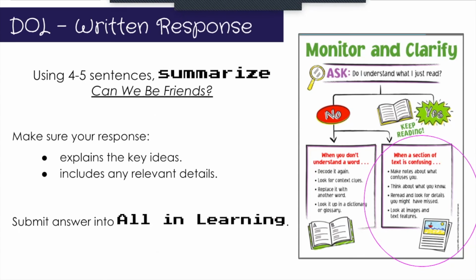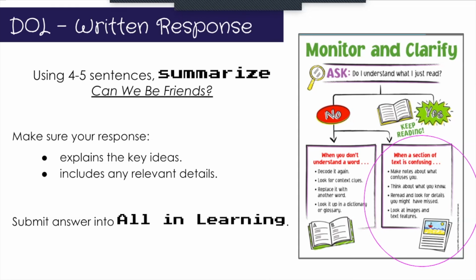All right, boys and girls, you will submit today's DOL into All in Learning. And using 4 to 5 sentences, I want you to summarize the passage, Can We Be Friends?